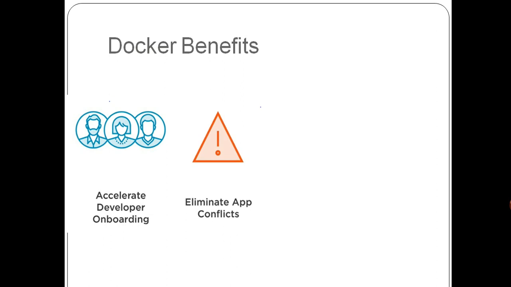Another benefit is that it eliminates app conflicts. For example, if we have two apps, one with a lower version dependency and another with a higher version, and we deploy those apps on a single machine or server, there might be a conflict between those apps because the same dependency has different versions.